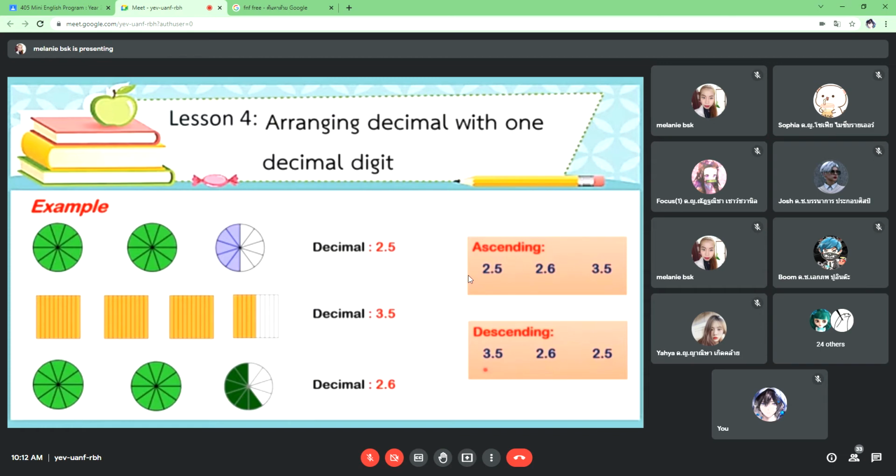I'll repeat, descending number is from big to small. So that is the difference between ascending and descending. I'll repeat, ascending, small to big number; descending, big to small number.